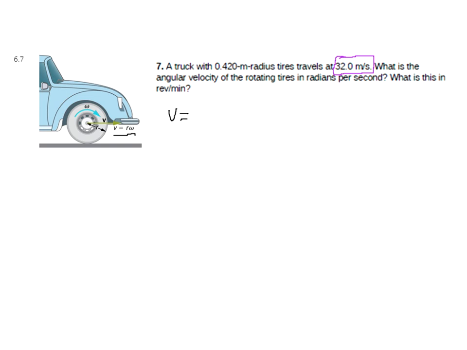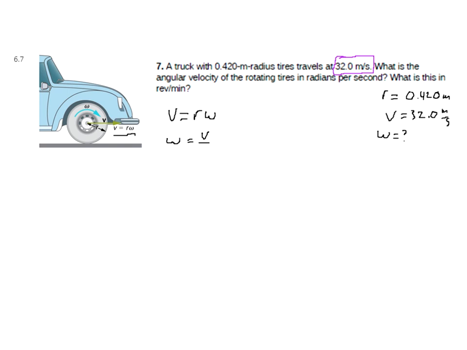All right, so V equals R times omega. Here, R is equal to 0.420 meters. V is equal to 32.0 meters per second, and we don't know what omega is.